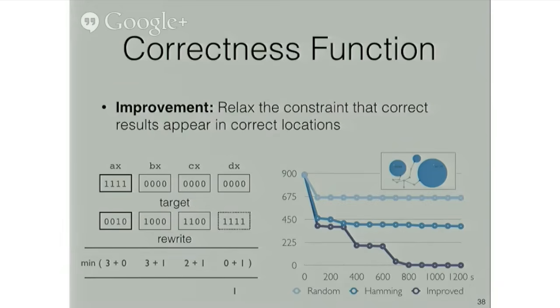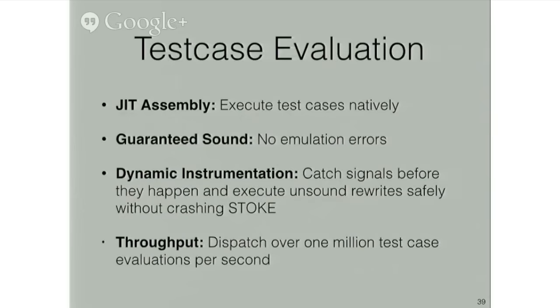As I suggested earlier, our primary design criteria here really is speed, so quite a bit of engineering work has gone into making this computation as efficient as possible. I would love to say lots more about this, but I'll have to reserve that for conversations offline. Here I'll just summarize the results. Our current implementation of Stoch has a JIT assembler for the entire x86 64 instruction set, which lets us simulate rewrites directly in hardware.